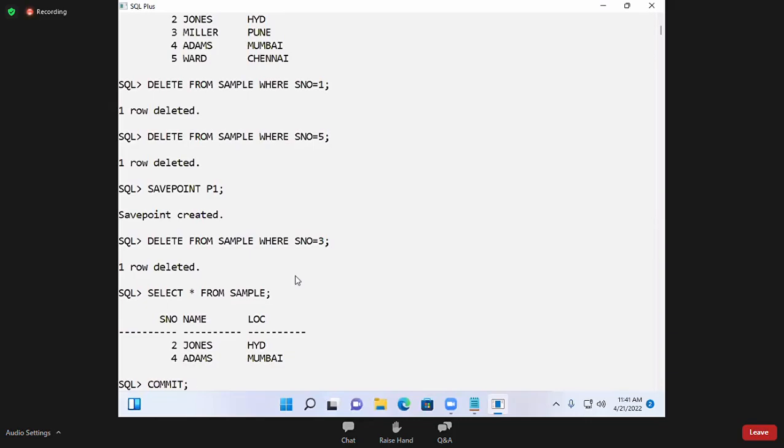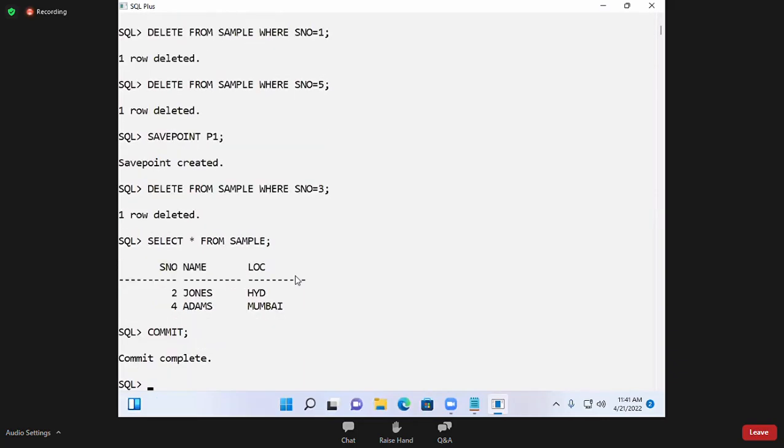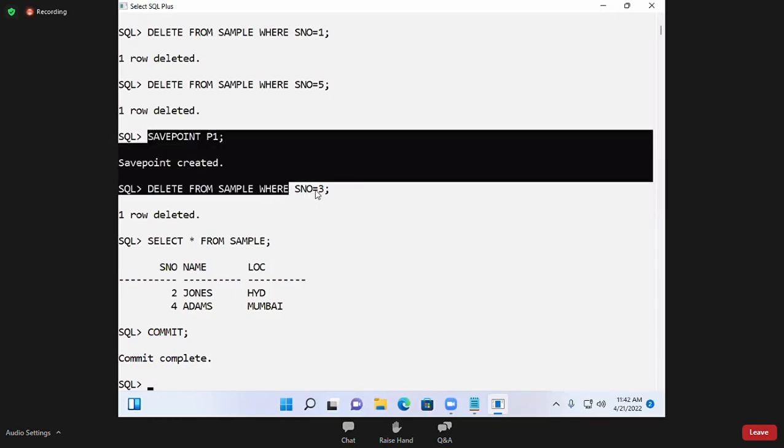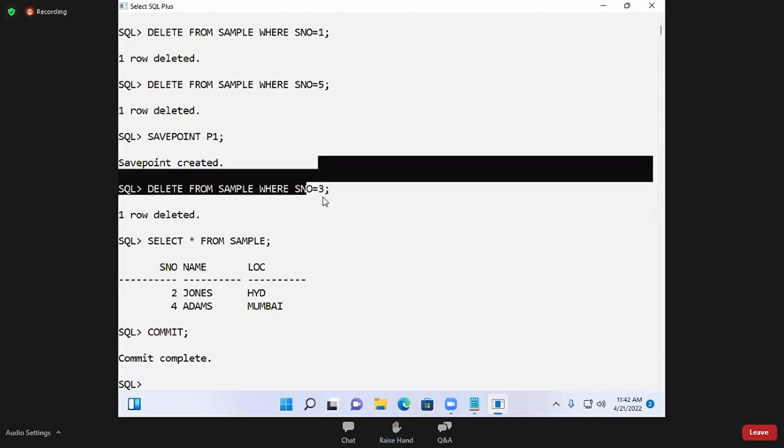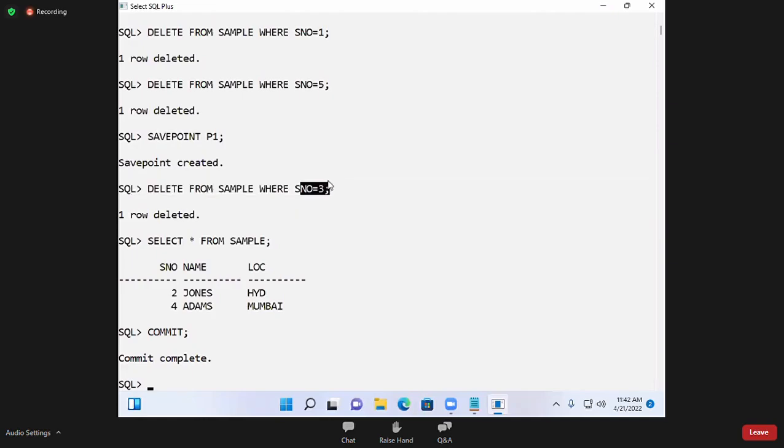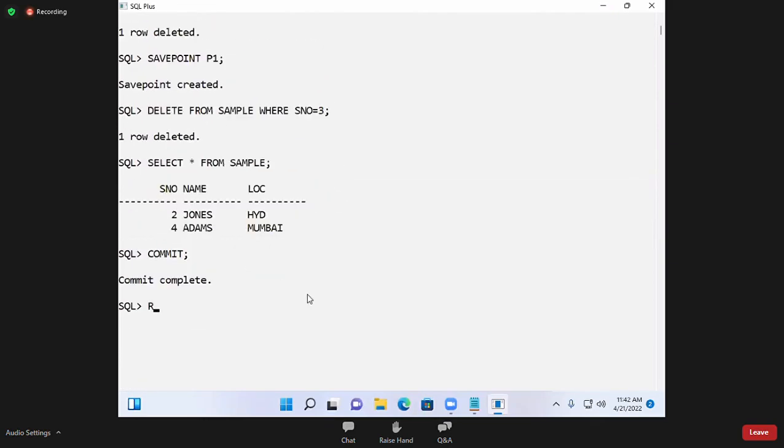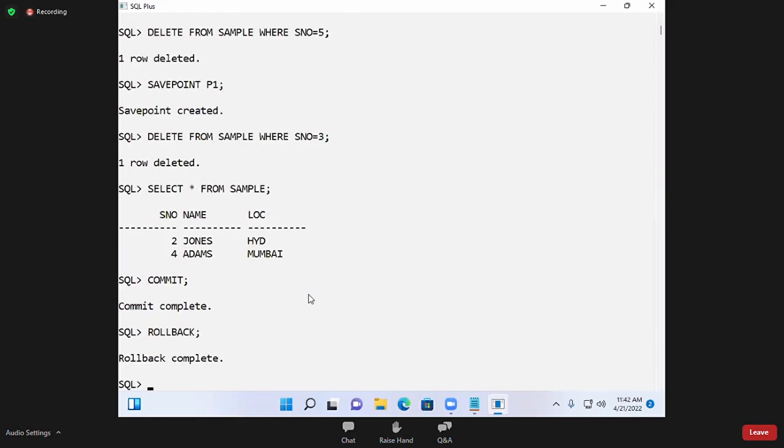So now, see what happened if I committed. Committed means permanently deleted. Even the data I saved in my pointer, this row is also permanently deleted. After commit, if I'm using rollback, what's happening? You can see the rollback command is executed. That's okay, but is it happening or not?